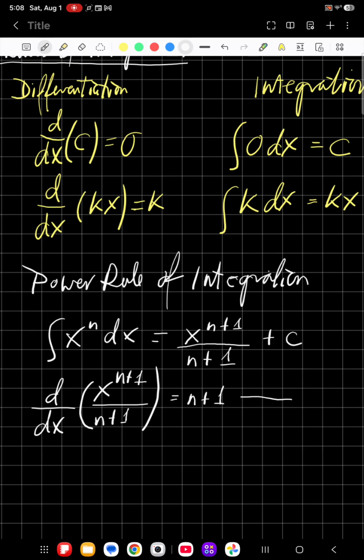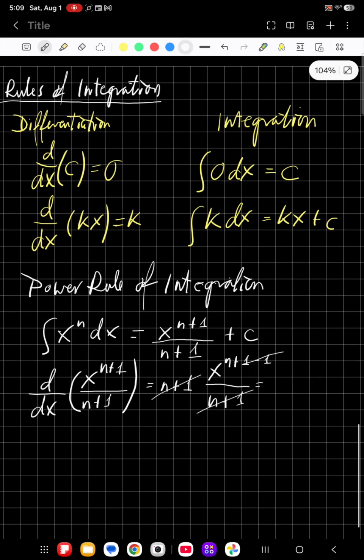I still have that n plus 1 here in the denominator. This cancels out, these two cancel out, and I end up with x to the n. And yeah, that's what we were supposed to get.